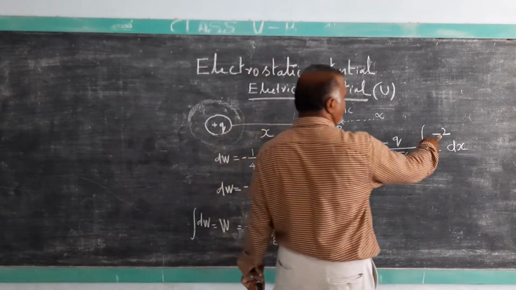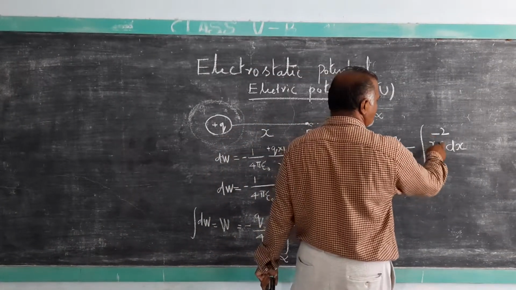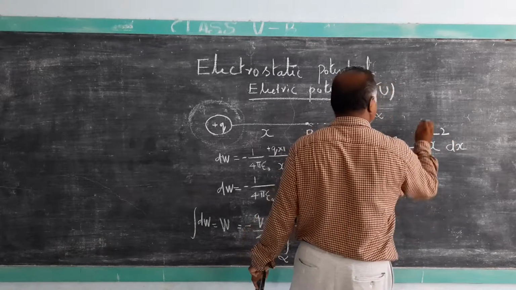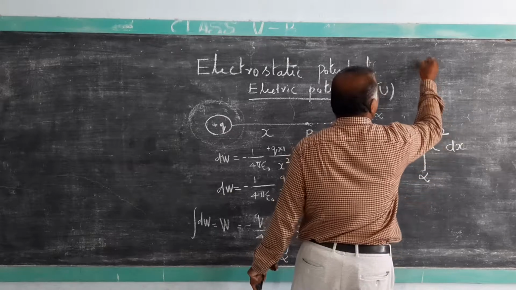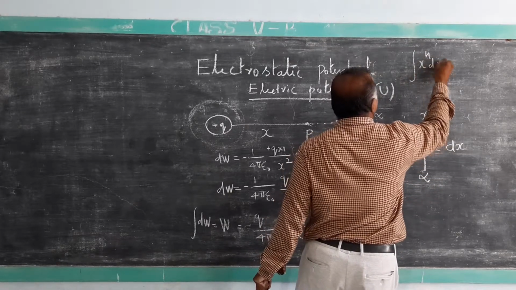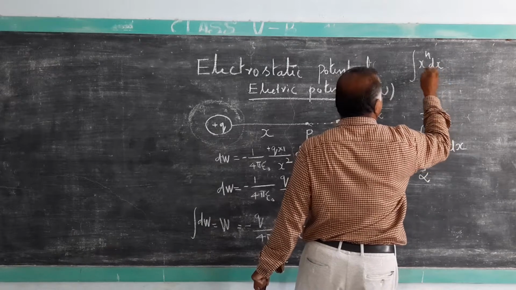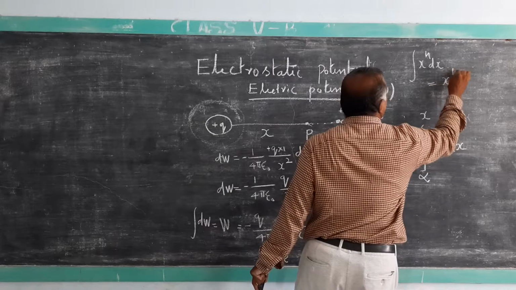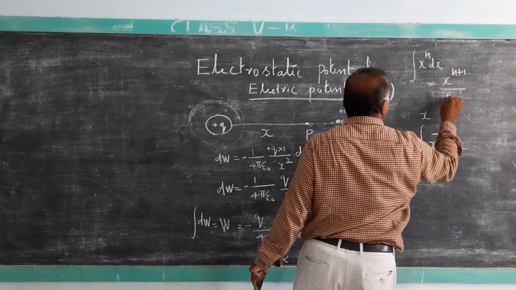Please apply the limit also, infinity to x. So integration of x to the power n dx. What is the general formula? X to the power n into dx is equal to x to the power n plus 1 divided by n plus 1, plus c.